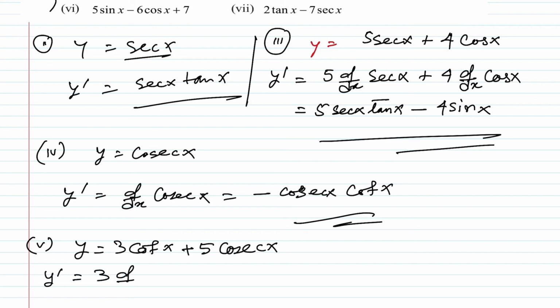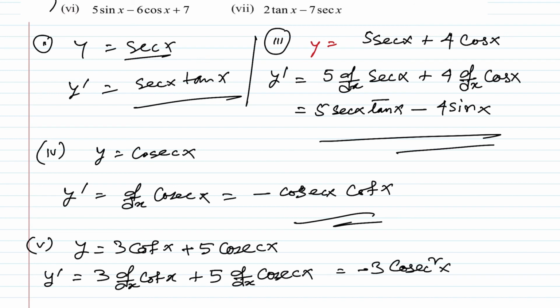So it's going to be 3 derivative of cot x plus 5 derivative of cosec x. We know derivative of cot x is minus cosec square x, and derivative of cosec x is minus cot x cosec x, or cosec x cot x, same thing.